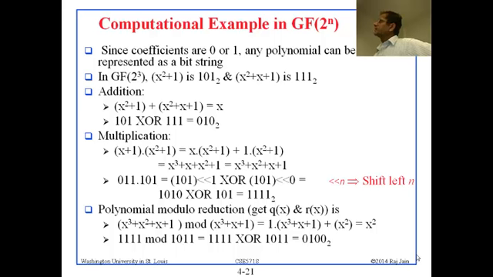Interestingly enough, in these examples, we did not come into a case where the power goes more than 2. This is 0, 1, 2, 3. This is 3, so we have to subtract the generator.